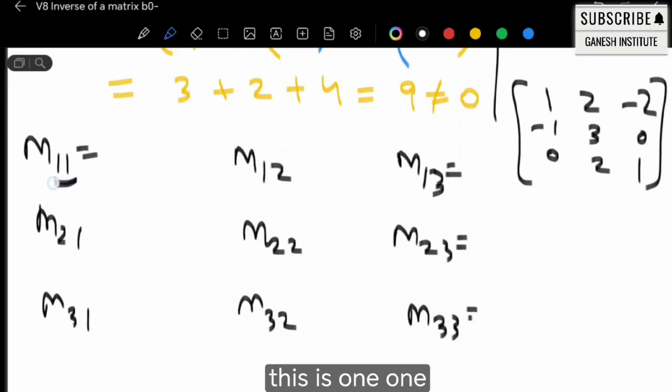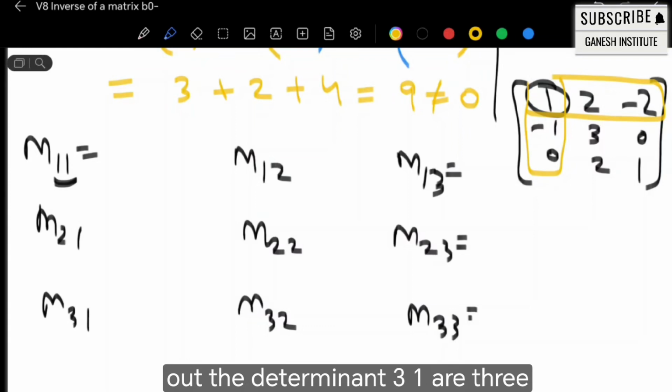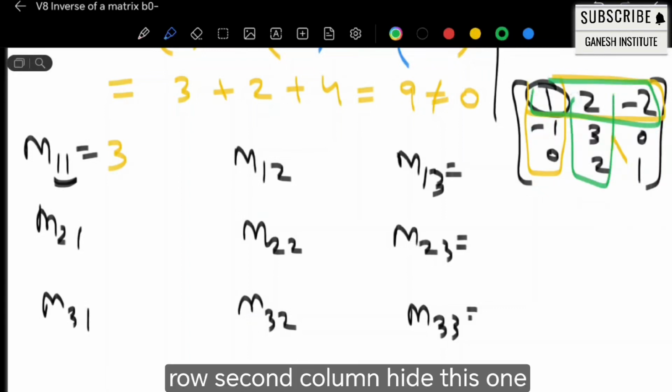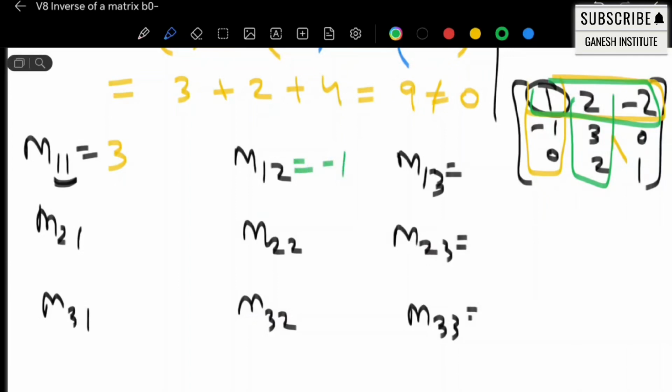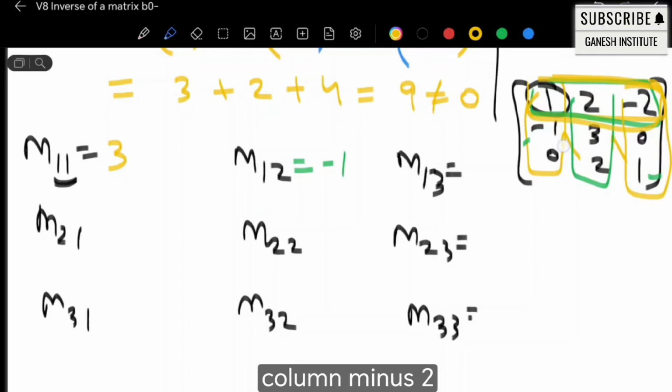So this is 1 1. Choose the 1 1 element and hide the row and column in which it lies and find out the determinant of the rest of the elements: 3 ones are 3. Then for 1 2, first row, second column, hide this one. So minus 1, right? 1 into minus 1. Minus 1 is the minor. Then for 1 3, first row, third column, minus 2 ones are 2.